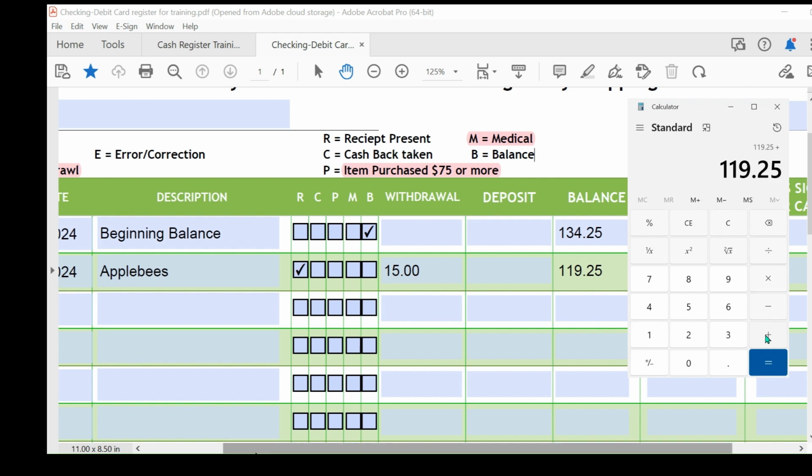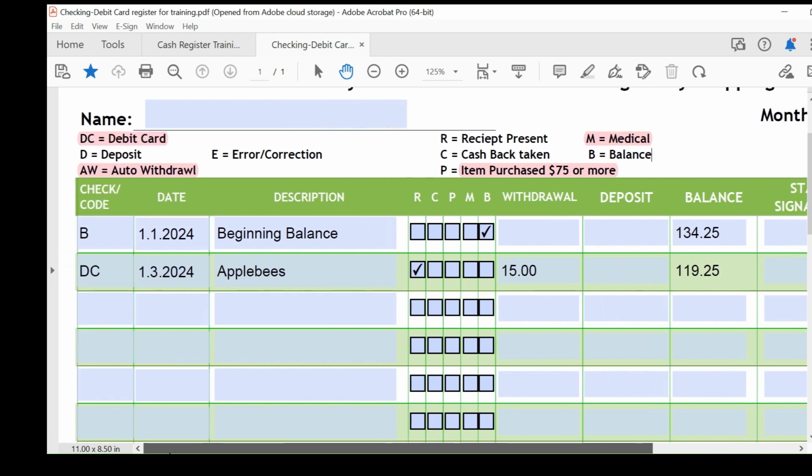So let's do another example, but this time we're going to do the deposit. So you remember that up here we've got D for deposit, goes here. So the person, either it's their Social Security payment that came in, maybe the person's guardian transferred money into the account, or they might have a paycheck.